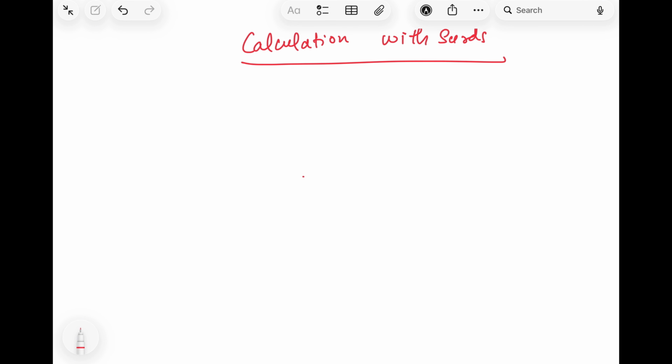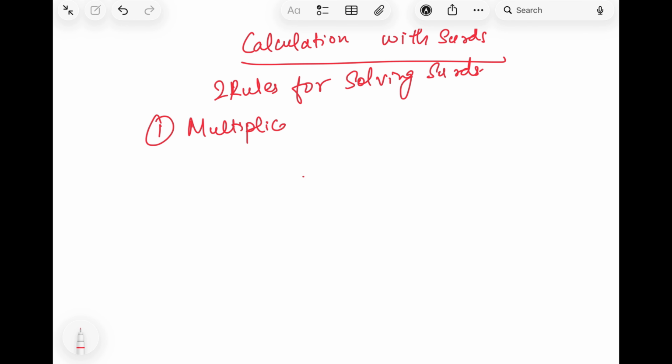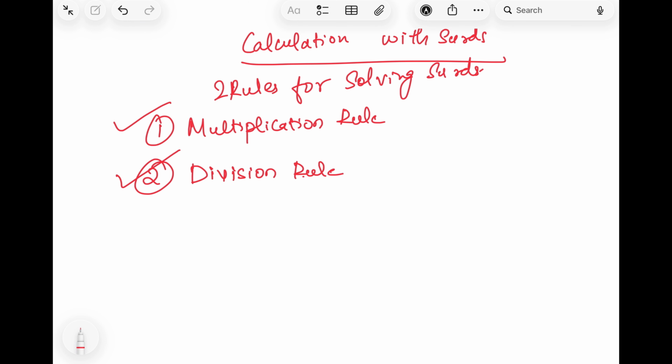So there are two rules for solving surds. Okay, what are the two rules? We will write down the rule. First is multiplication rule and second is division rule. Okay, so there are two rules. First is multiplication and the second one is division rule.